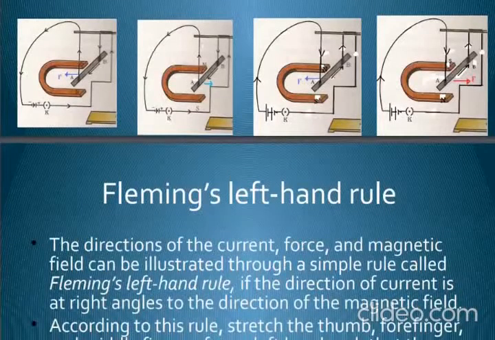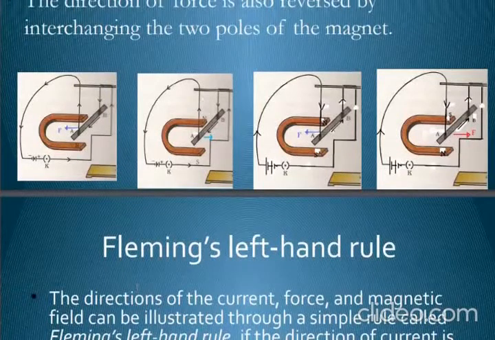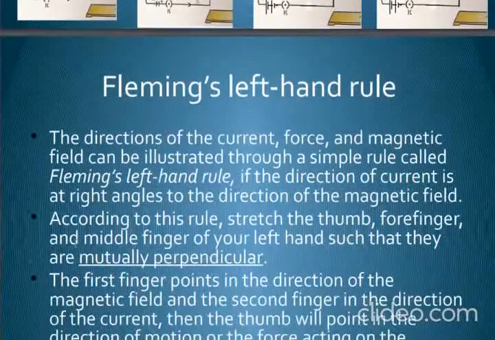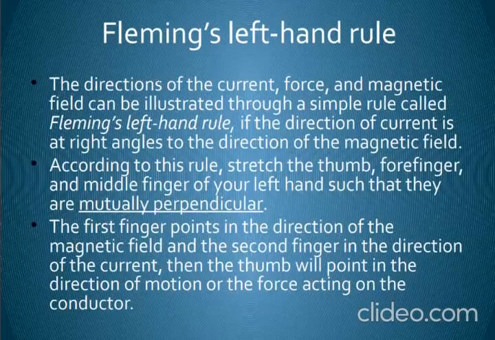Now, the direction of the force acting on a current carrying conductor due to an external magnetic field or external magnet is determined by Fleming's left hand rule. So now we have to learn about Fleming's left hand rule. The direction of current, force and magnetic field can be illustrated through the simple rule called Fleming's left hand rule.